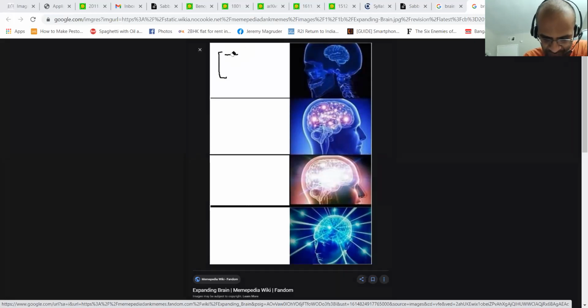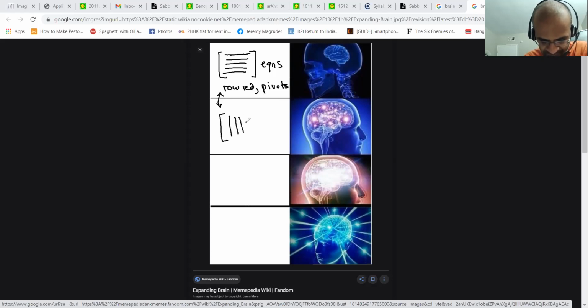So we have equations. And we have row reduction, and we have pivots. And then we showed that this is equivalent just by shifting your perspective to this column picture of matrices, where we have sets of vectors. And now we have these concepts of span and linear independence.